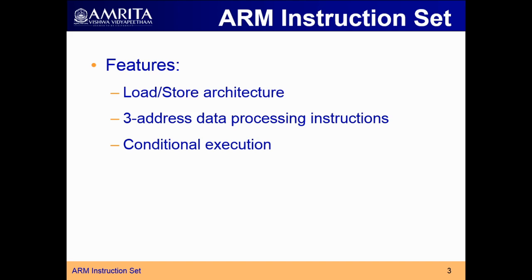So three registers will be involved in the data processing instruction. Next feature is that for all the data processing instructions, you are having conditional execution. It is not related to data processing instructions alone. For all the other instructions also, conditional execution is possible. We will see the examples in the forthcoming slides.